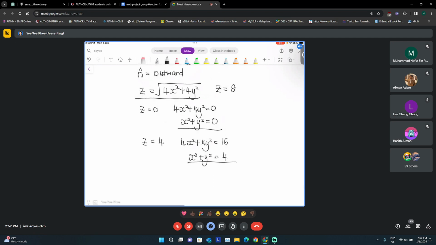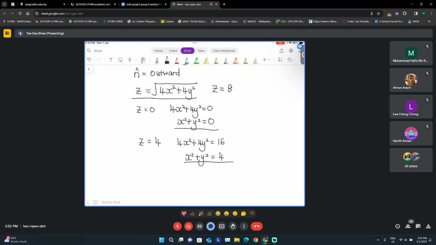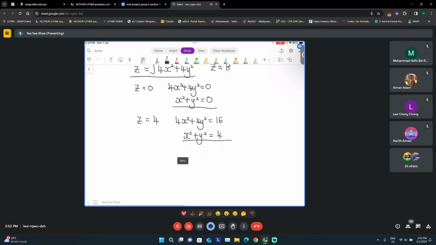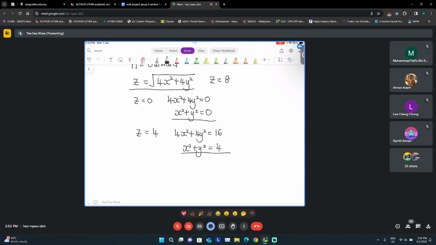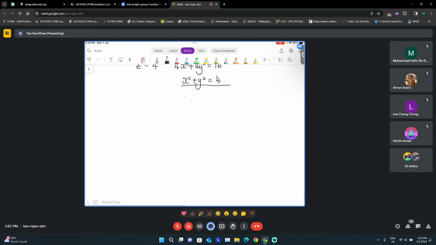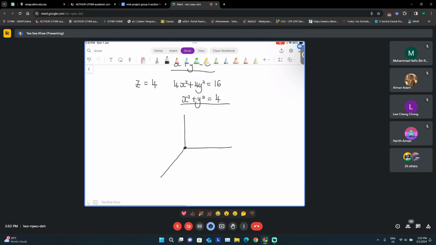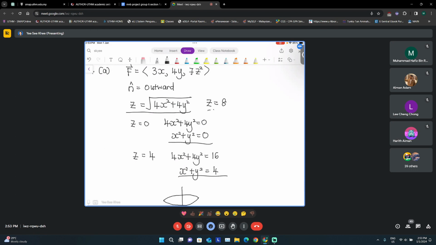When you have information like this, you can already estimate what kind of shape this is. So you can draw this: when z is 0, you get a point, and when z equals to 4, you get a circle.